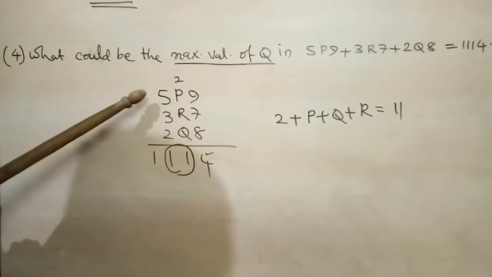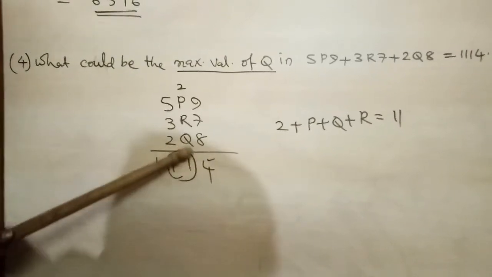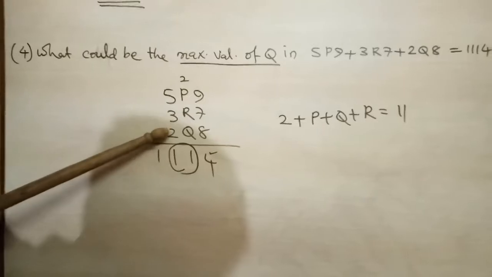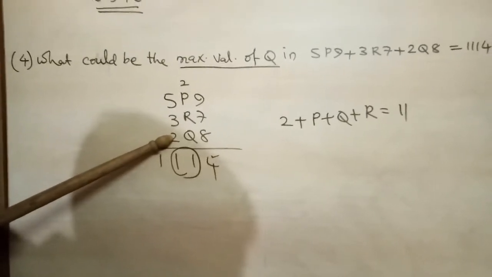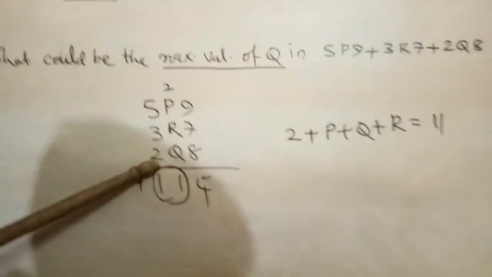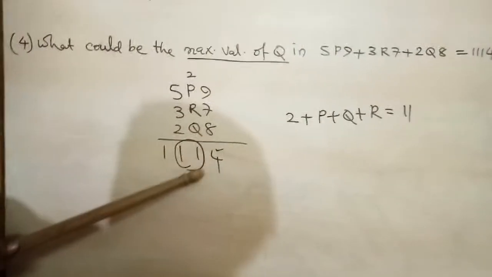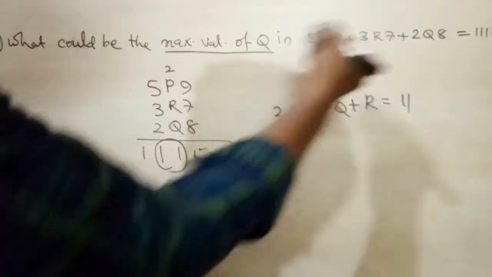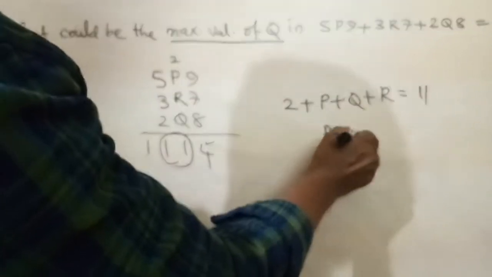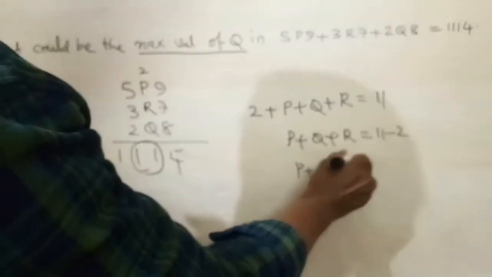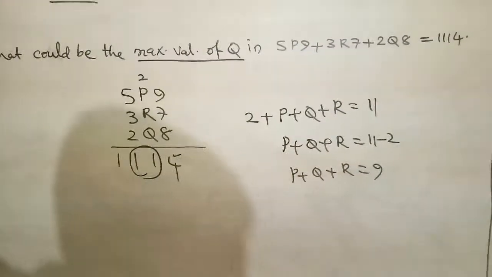Here see, why I am selecting 2 digits: 5 plus 3, 8. 8 plus 2, 10. 10 means here you should get 1. Therefore, that is 11. 11 selected. Here send this 2 to the right side. p plus q plus r is equal to 11 minus 2. Means p plus q plus r should be 9.